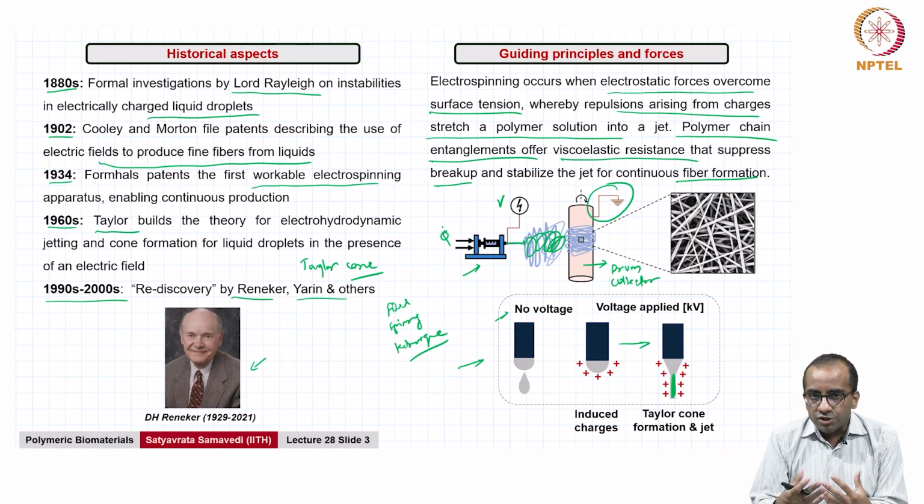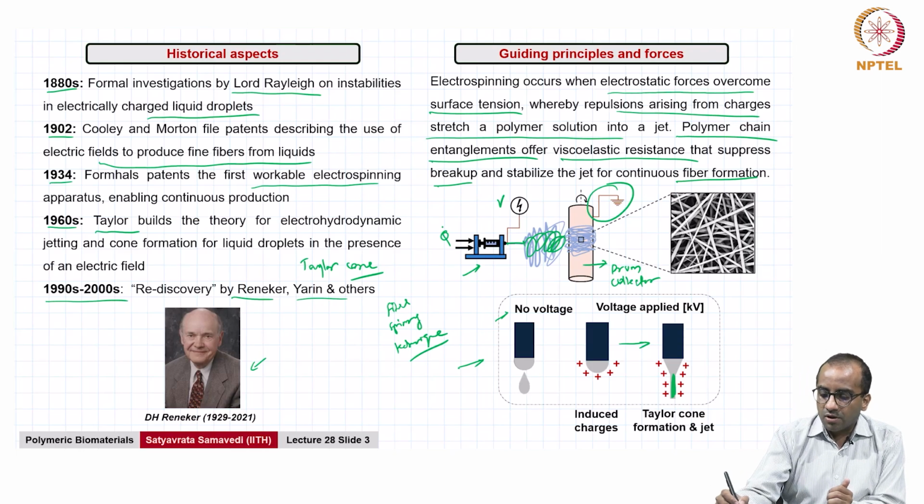And if you keep increasing the voltage, the field strength, what's going to happen is that's going to result in deformation of the droplet that was originally held by surface tension. At some point, the electrostatic repulsions overcome the surface tension, deforming the droplet into a cone, and a jet emanates, which then undergoes a series of instabilities and finally collects on a collector which is grounded, right?